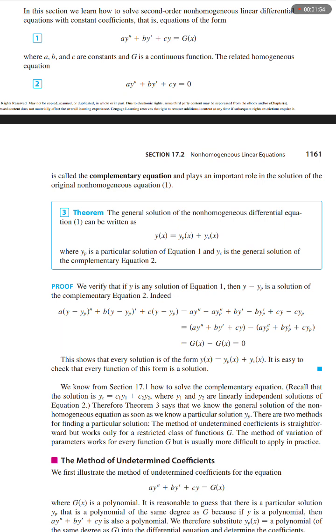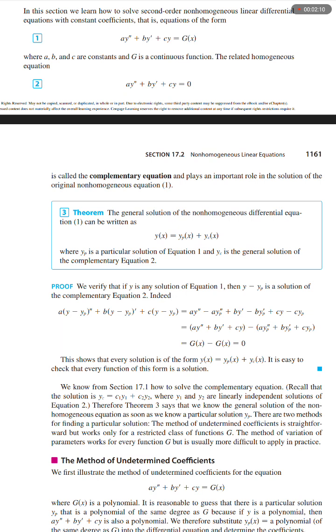Proof. We verify that if y is any solution of equation 1, then y minus y sub p is a solution of the complementary equation 2.